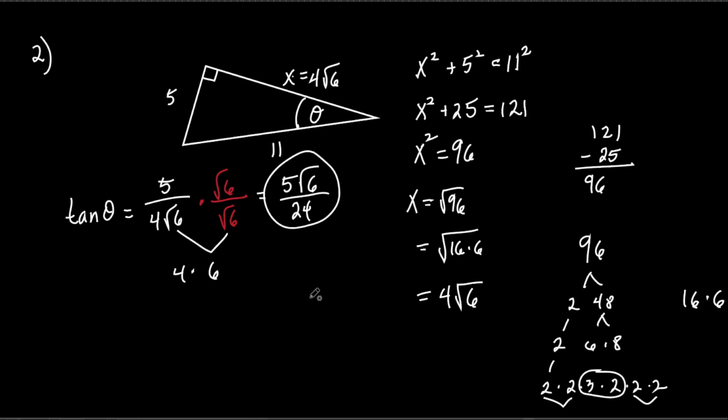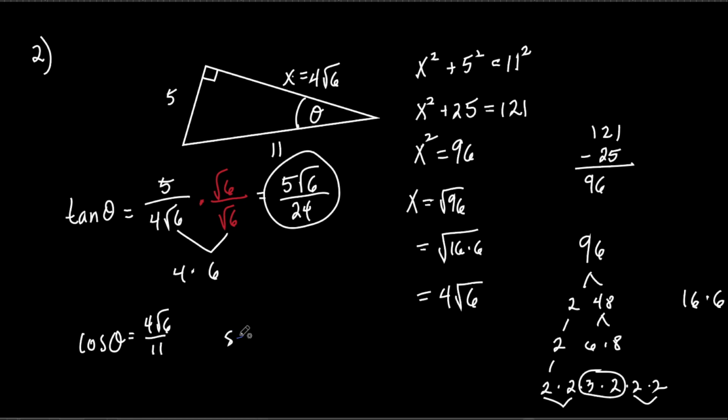Now, what about the inverse functions? Which one had a square root in it? The adjacent over hypotenuse. The cosine did, didn't it? Remember, the cosine of the angle was 4 square root of 6 over 11.